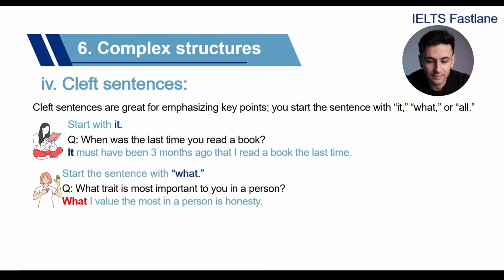In part two, if you are asked what trait is most important to you in a person, and a trait here is like an adjective, something about them, part of their personality, when using a cleft sentence with what, you can start with, what I value the most in a person is honesty.